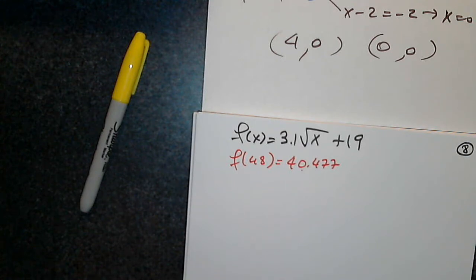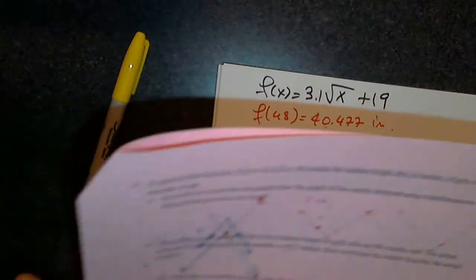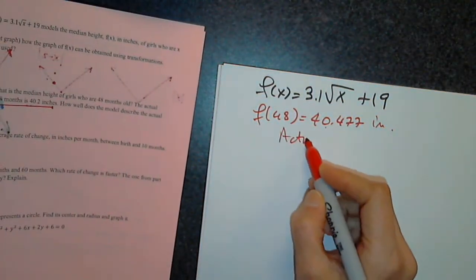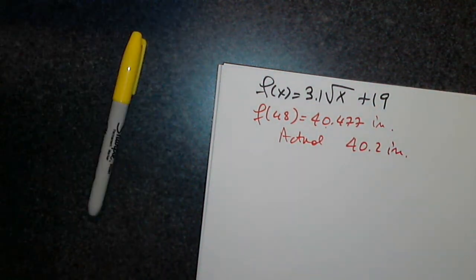Good. Measurement unit, please. Inches. Very good. Height. Good. So the actual median height for girls at 48 months is 40.2 inches. And the question is, how well does the model describe the actual height?